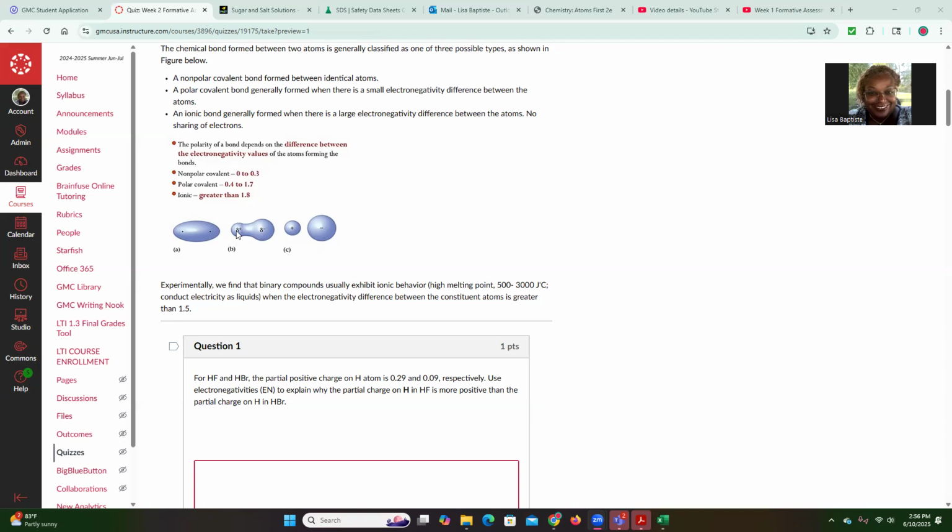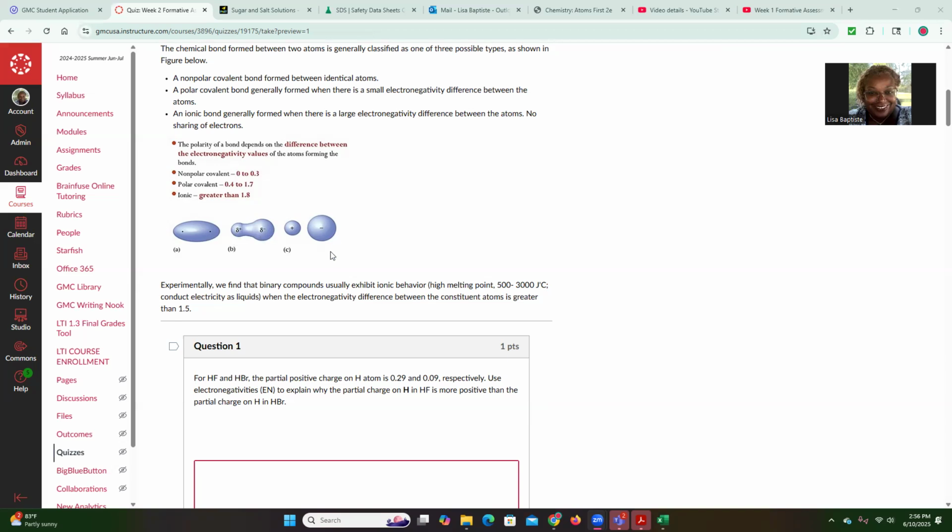This symbol here is the Greek letter delta, and it means partial. With a plus sign, it's partial positive, and over here with the negative sign is a partial negative. Depending upon the electronegativity difference depends how great that partial positive or partial negative charge is.